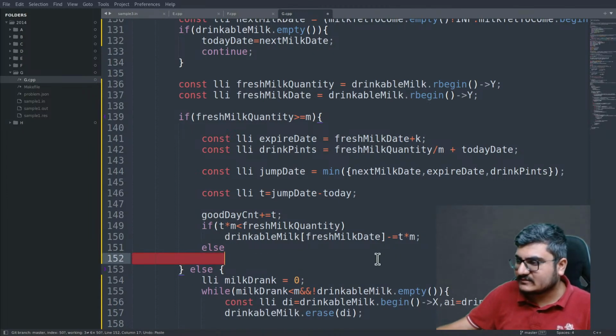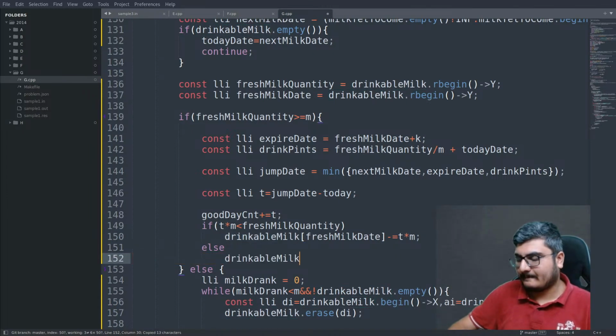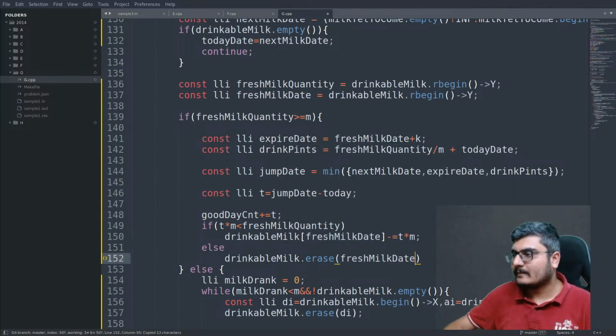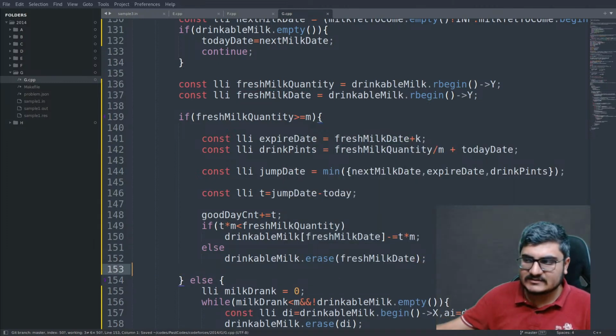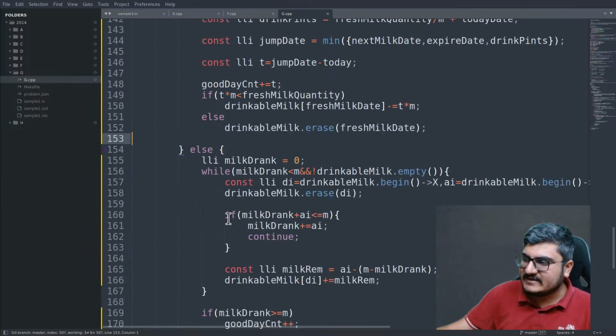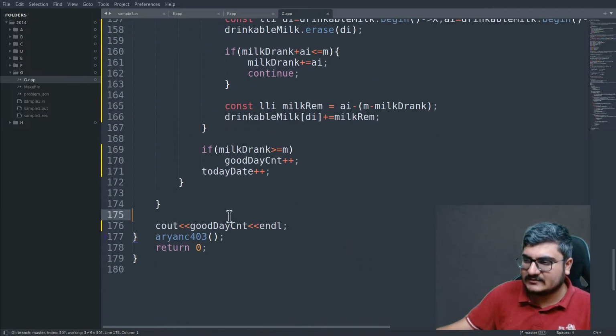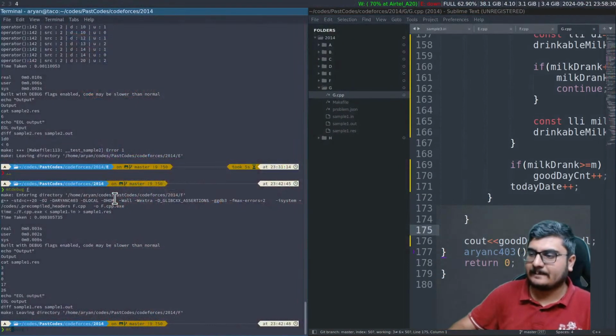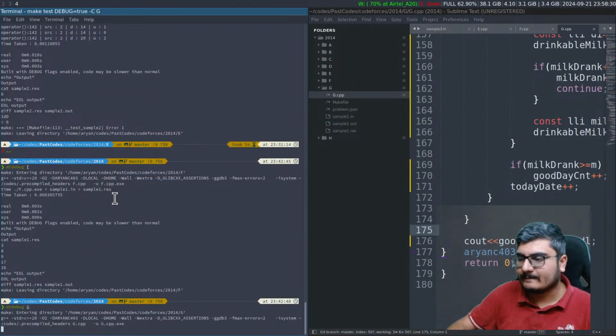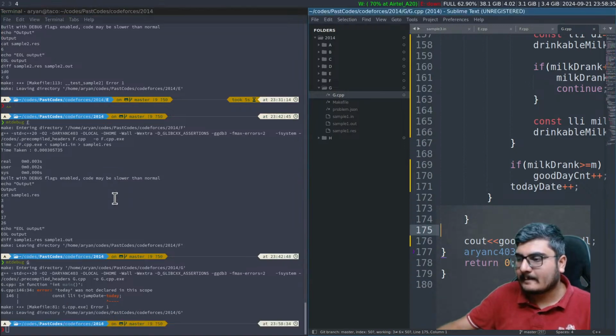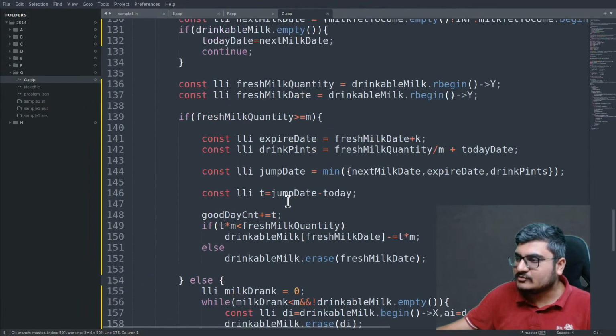Otherwise, you can just remove this date here. And we can keep doing this. The idea is to do a mass jump whenever you have current milk quantity greater than or equal to m. But if it's less than m, you just brute force here, and this ends up being a solution for you. And we have to also increase the day, right?